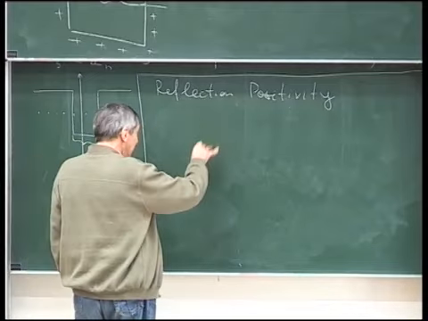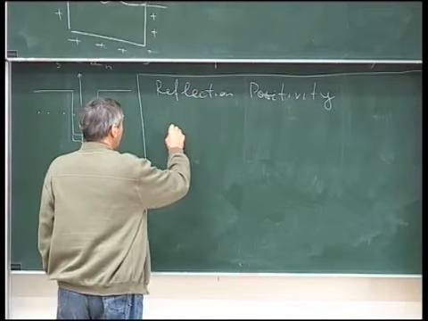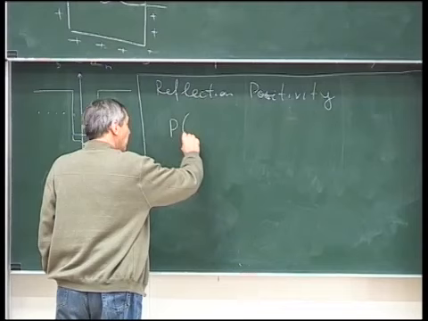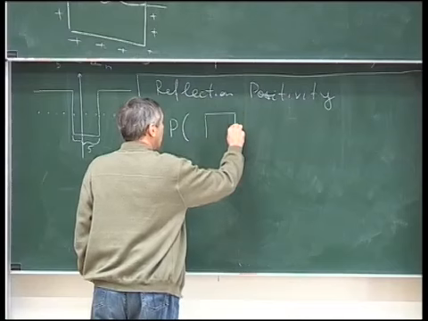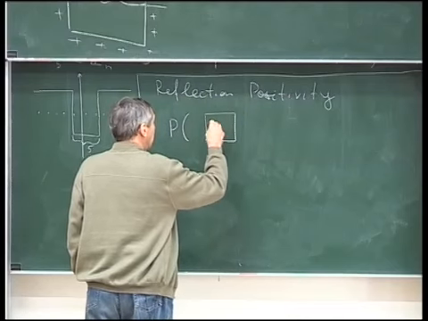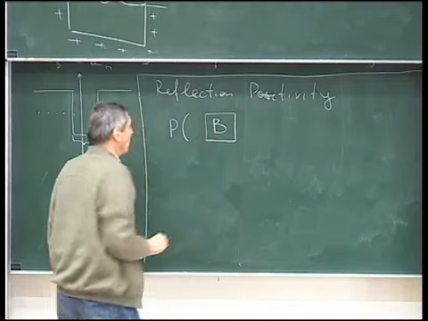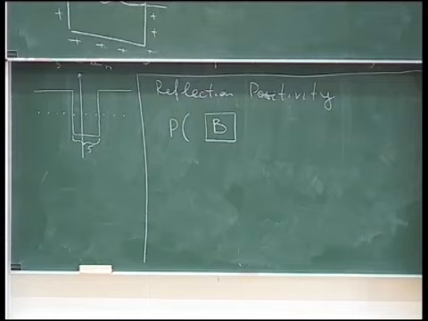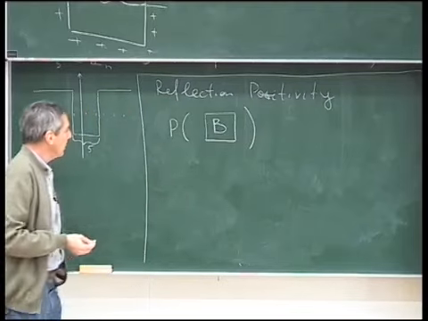So in the situation where you have this reflection positivity property, imagine you need to estimate an event that in some box you see, which I would denote by a letter B. So you want to estimate that probability from above.